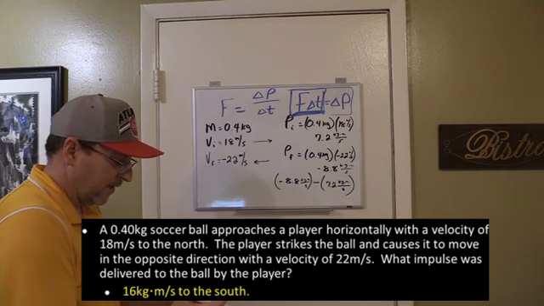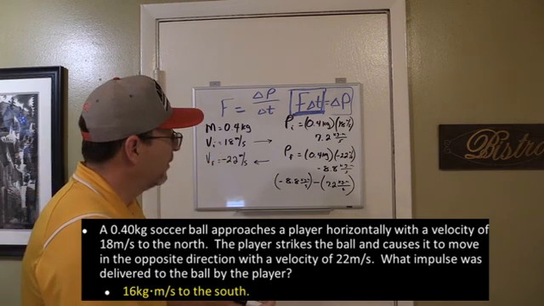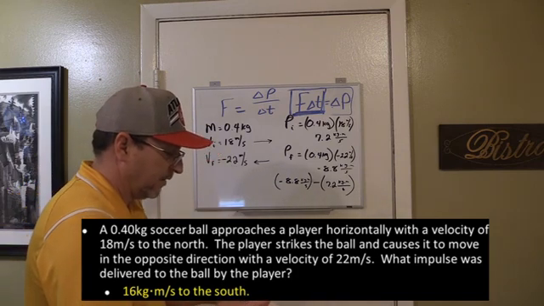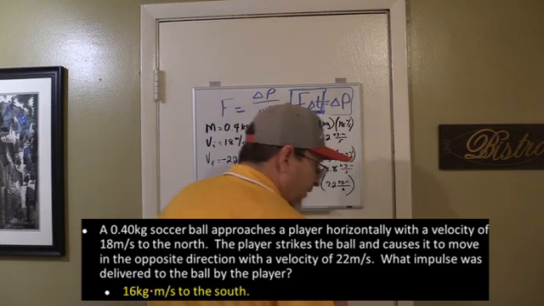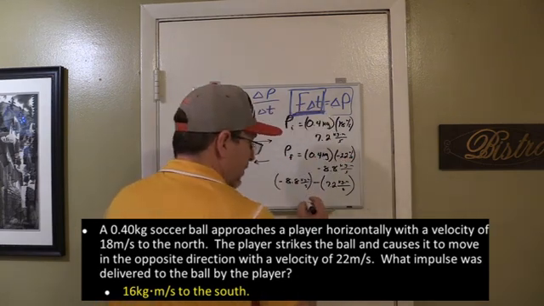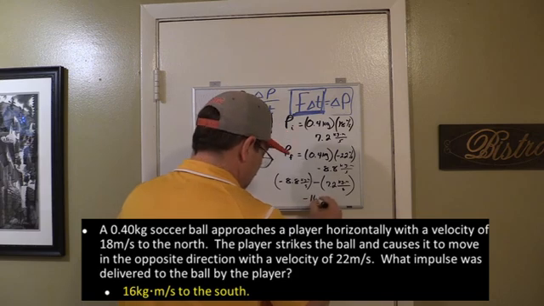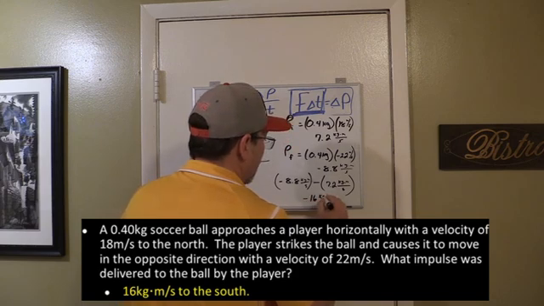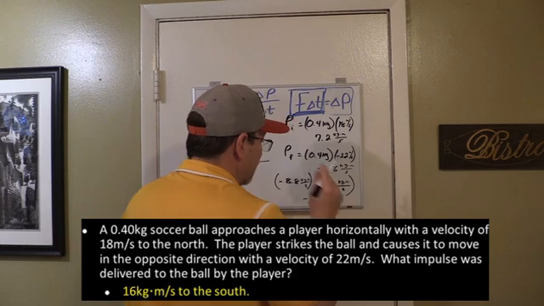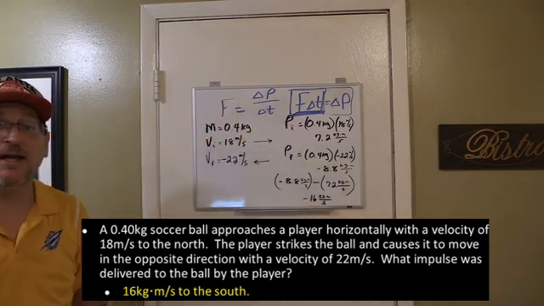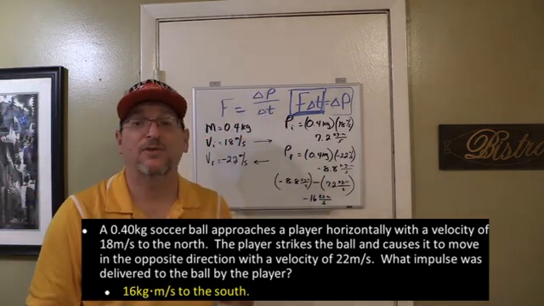Then I have negative 8.8 minus the positive 7.2, and I end up with negative 16 kilogram meters per second. And once again, the negative sign helps me indicate which direction it's going to be traveling in.